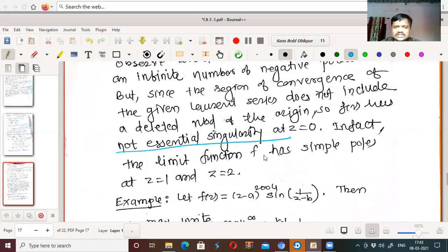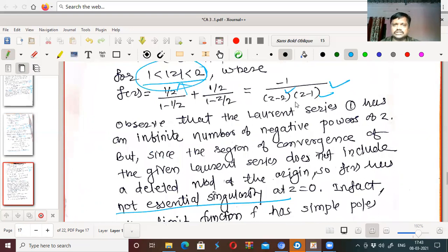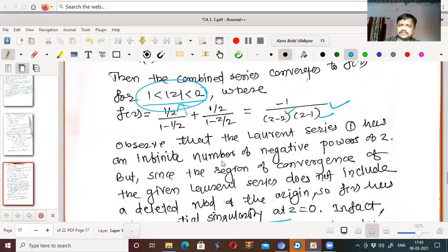In fact, the function f has simple poles at z equal to 1 and z equal to 2. So the given function has simple poles at z equal to 1 as well as z equal to 2, because other than z equal to 1 and z equal to 2, it is analytic everywhere. Why is it happening like that? The limit of f of z into z minus 1 exists, as well as the limit of the same function into z minus 2 exists.